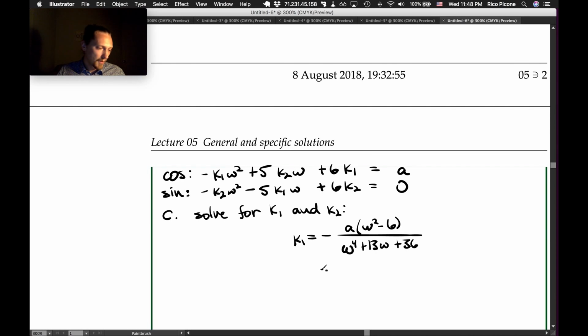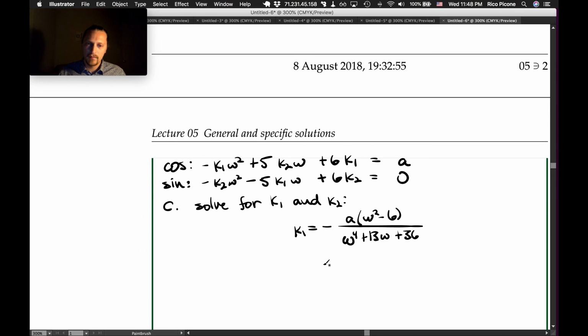And if we substitute in omega equals 5, we get negative 19a divided by 986.